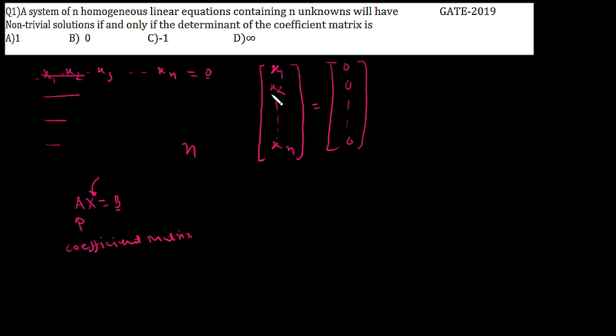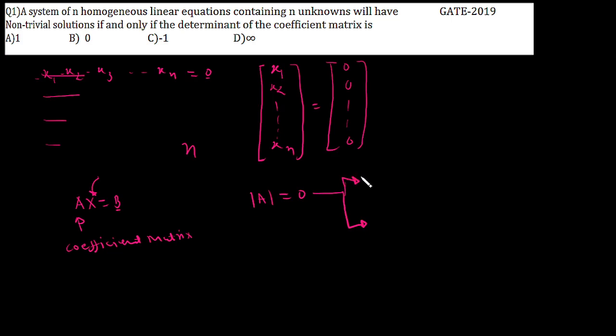Now from the concept of solution of simultaneous linear equations, we can say if the determinant of any coefficient matrix, here denoted as matrix A, is 0, then two possibilities are there.